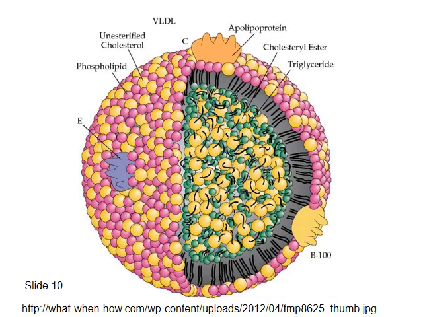Now, certain lipoproteins contain very high molecular weight B proteins. As you see in this diagram, we have a B protein called B100.